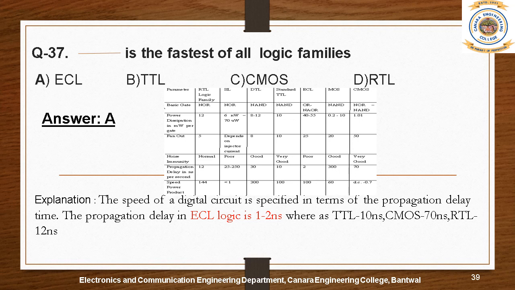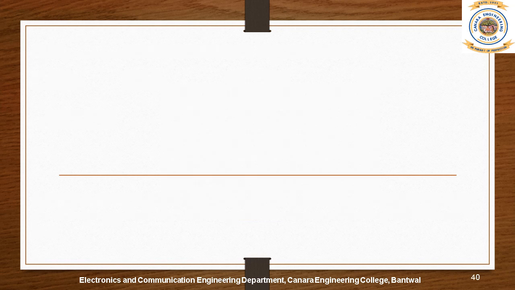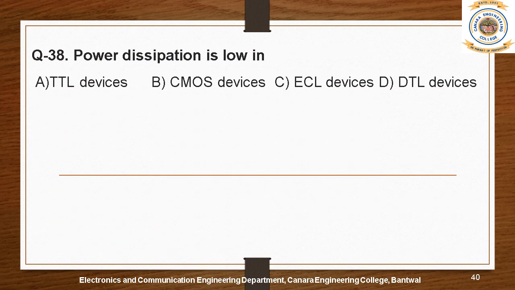ECL has very little delay. Next, power dissipation. Power dissipation is the power absorbed. How much power is absorbed is very low in CMOS devices. The power consumption is very low in CMOS devices.